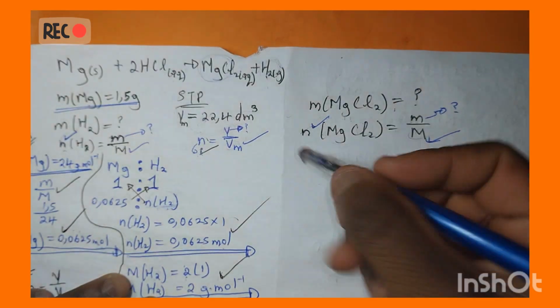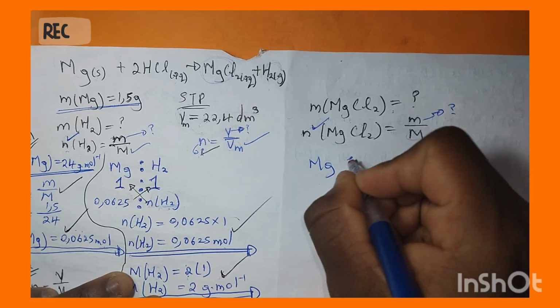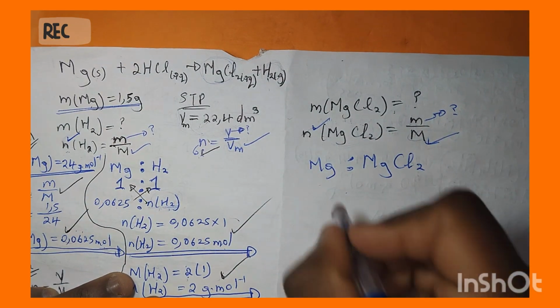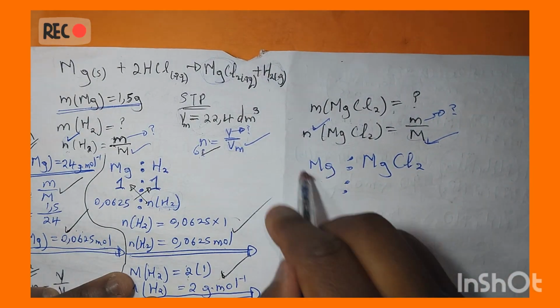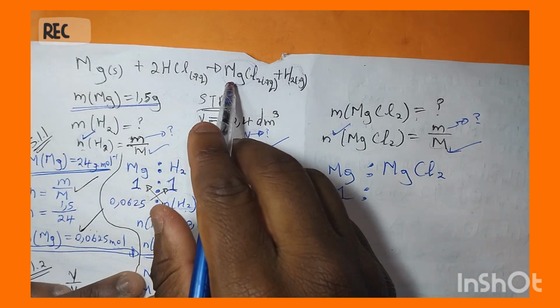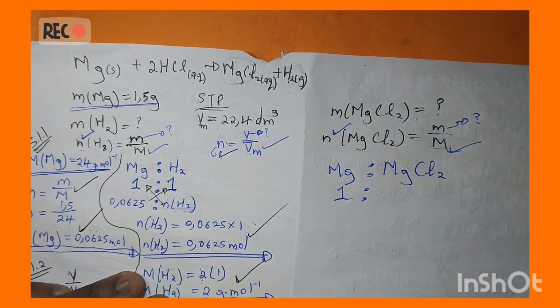This is how you compare them: this and this, Cl2. We take the coefficient of this thing, which is an invisible 1, and the coefficient of that, which is also an invisible 1.